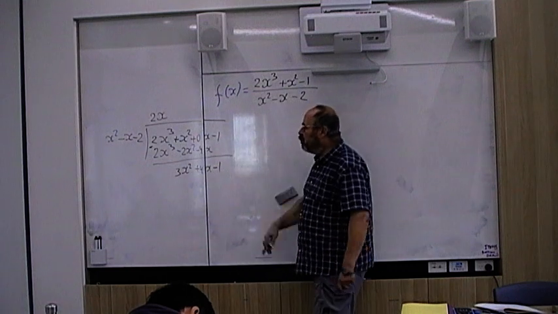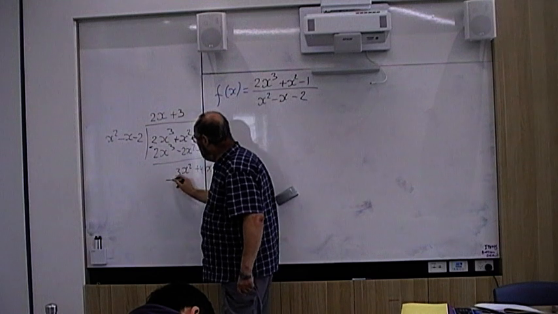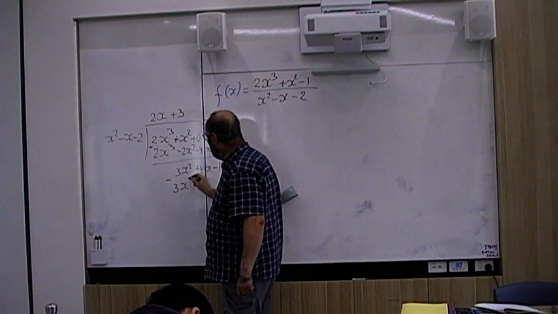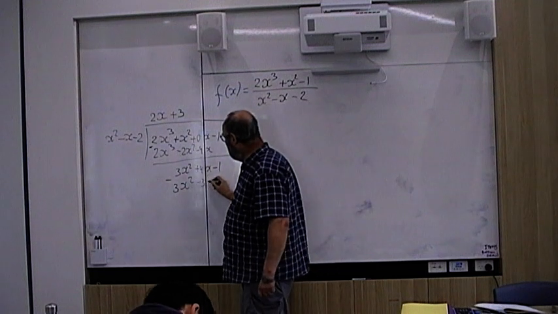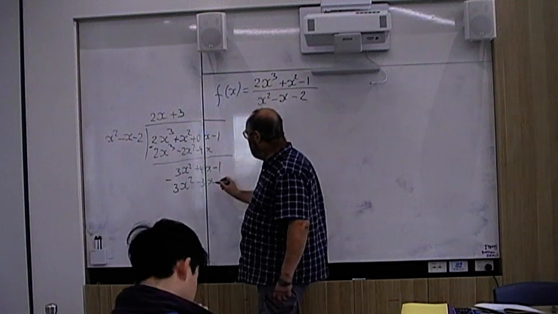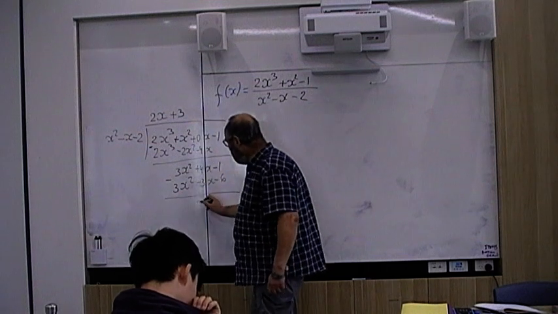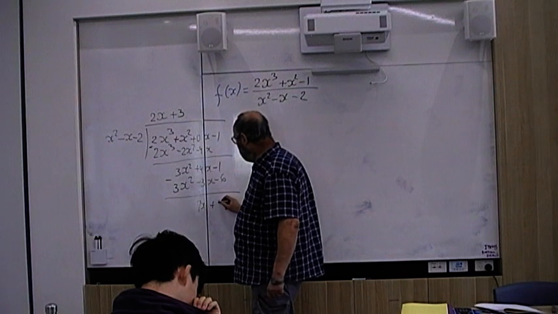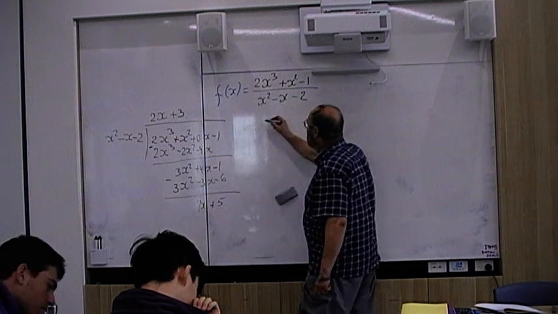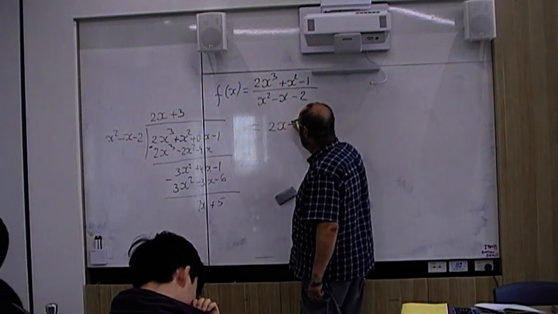Then 3x squared divided by x squared is plus 3, minus 3x squared minus 3x minus 6, and we got the remainder 7x plus 5. What does it mean? That we can rewrite this function as 2x plus 3.